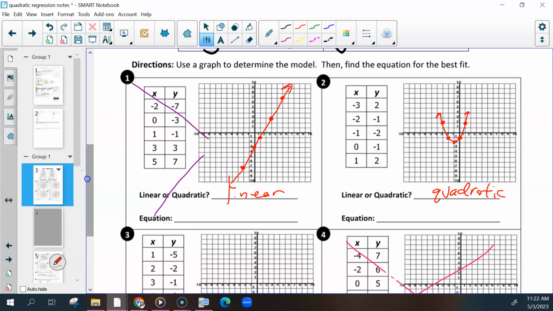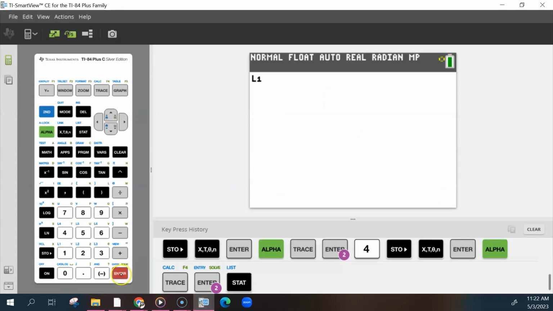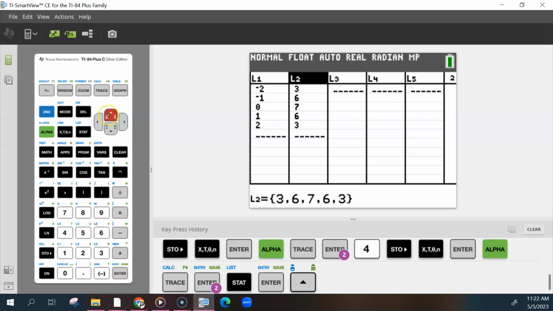So then we're going to find the curve of best fit for this one. I'm going to use the calculator for this one and Desmos for the next one. You can choose which one you want to do. If you're doing it in the calculator, go into Stat, Edit, go up to the top and clear it out. Clear, not delete.